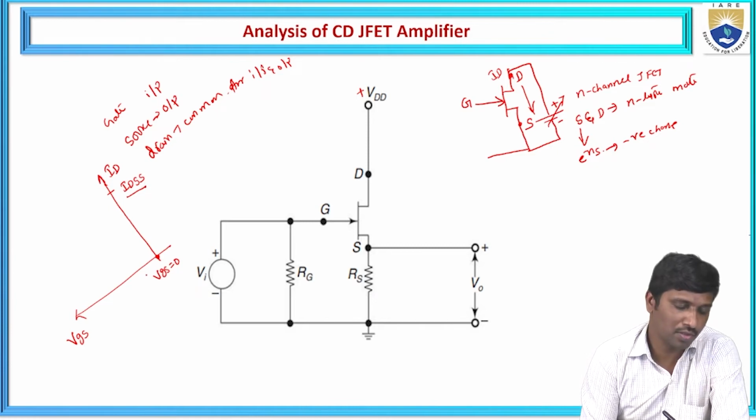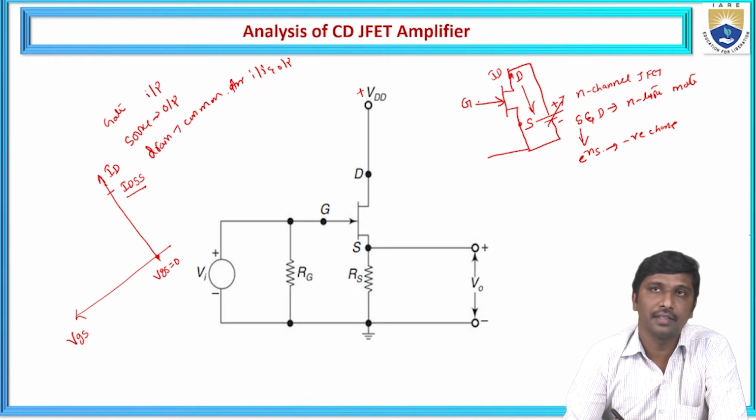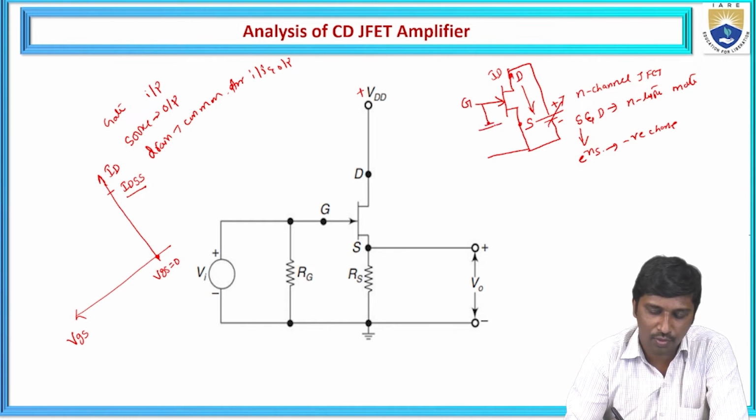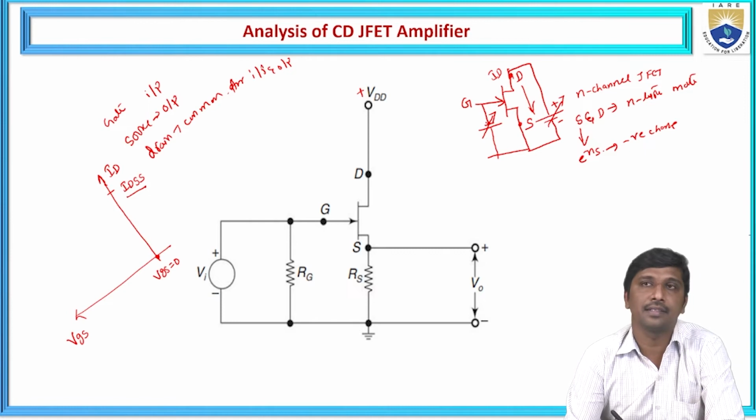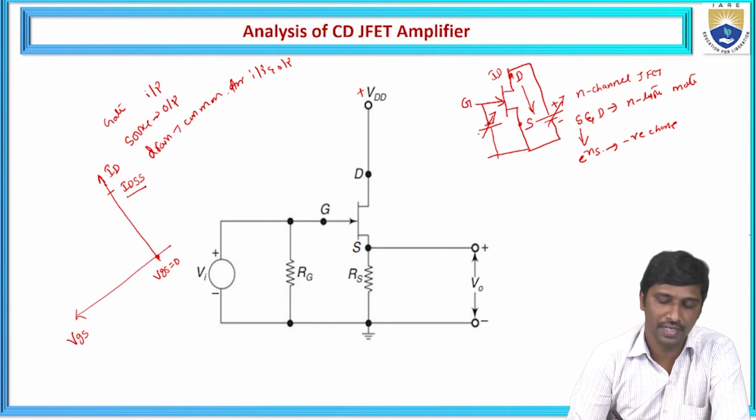Whenever you want to limit the flow of current, VGS should be reduced from zero. That is the reason in an N-channel JFET the gate is biased with a negative voltage with respect to the source, and this reverse biased gate voltage limits the flow of drain current.